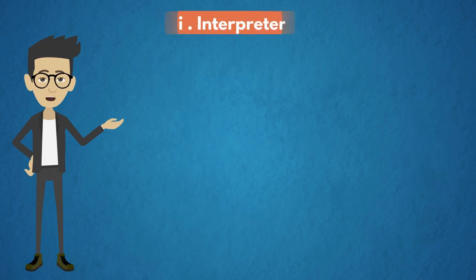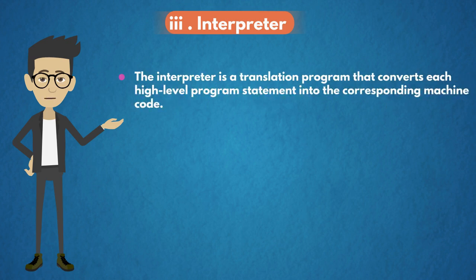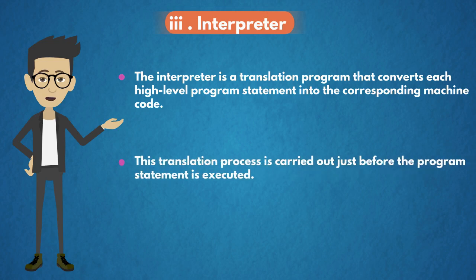The third one is an interpreter. The interpreter is a translator program that converts each high-level program statement into the corresponding machine code. We have discussed what is machine code in our earlier slides. This translation process is carried out just before the program statement is executed.